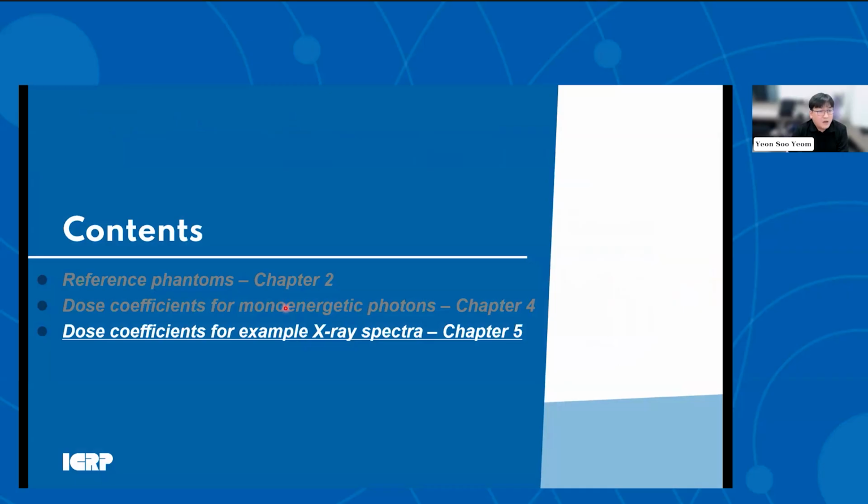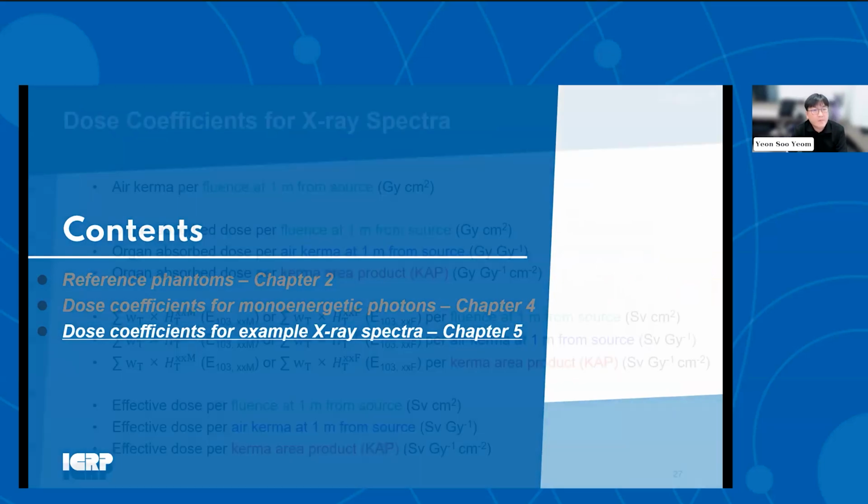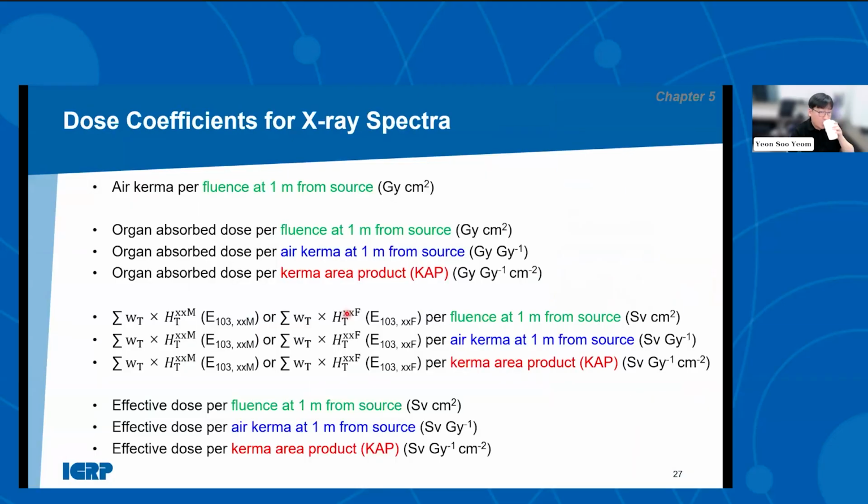Next, I will explain how we calculated those coefficients for example X-ray spectra, which is covered in Chapter 5 of the report. In this report, we provided 10 types of those coefficients for the X-ray spectra, including the organ and effective dose coefficients.